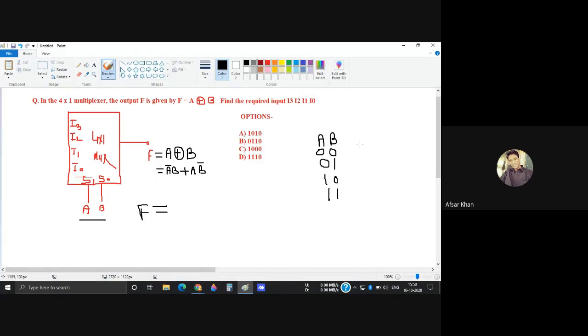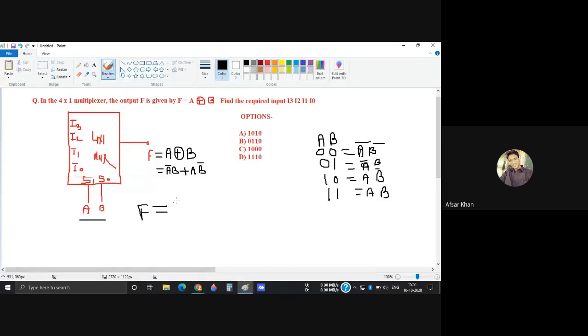So 0 0 means A bar B bar, 0 1 means A bar B, 1 0 means A B bar, and 1 1 means AB.